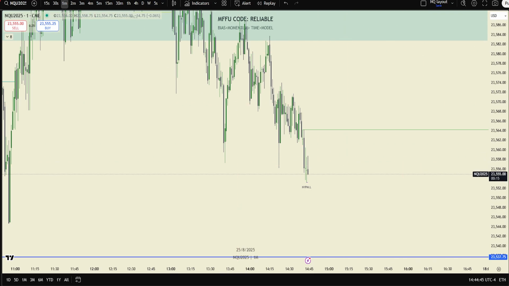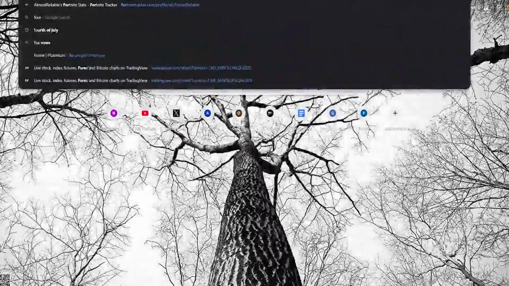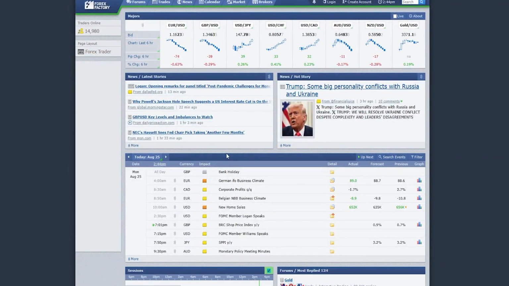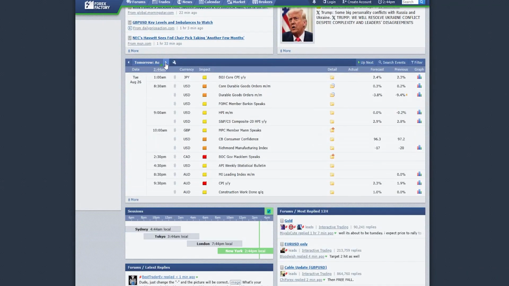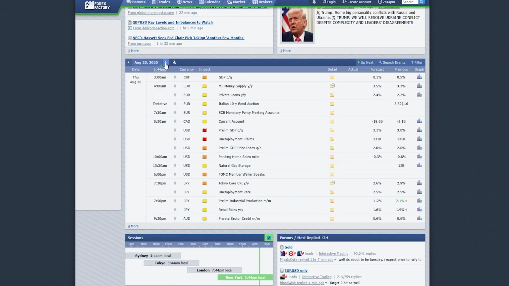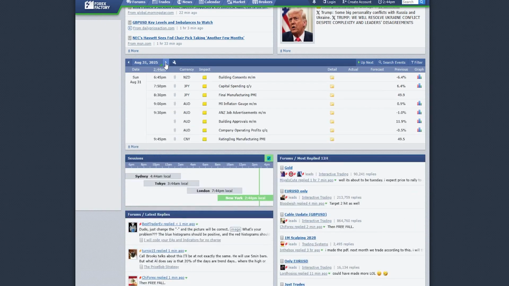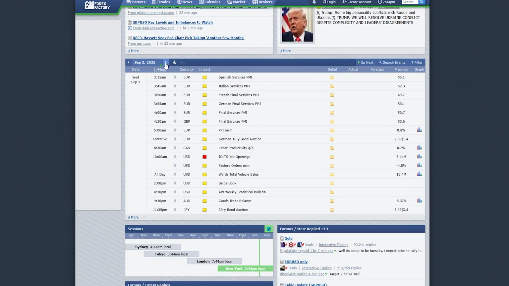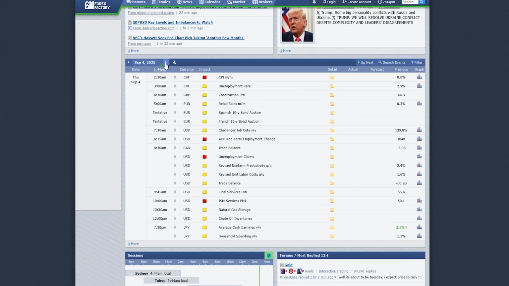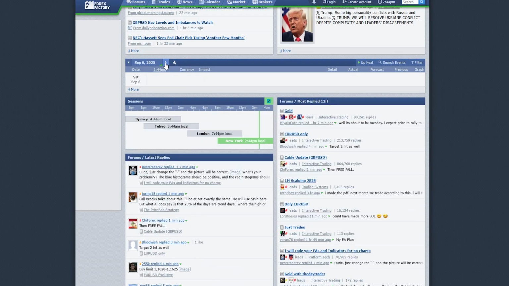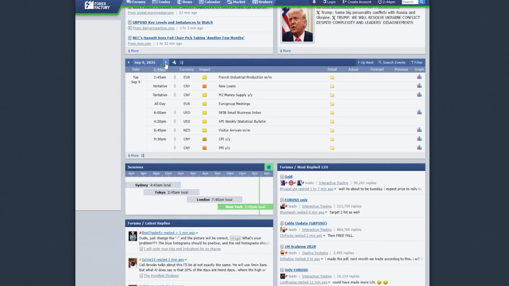What is the next CPI eval pass? I don't know. Let's check. What is CPI here? Let's go for expected. Wow, it's not for a while.